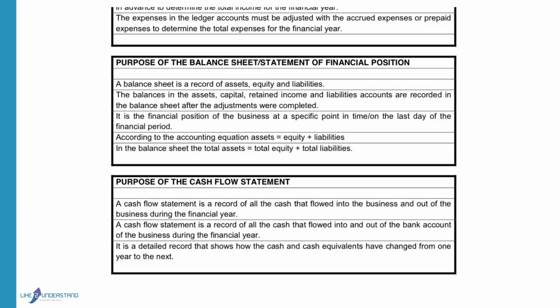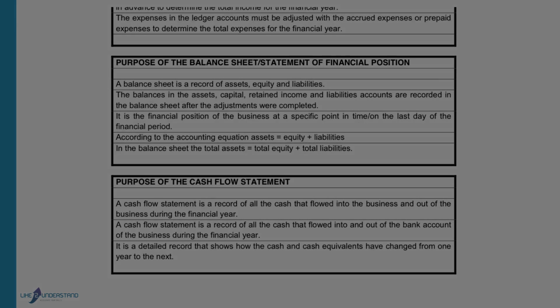This is a detailed record that shows how the cash and cash equivalents have changed from the previous year to the current year. So you will not show figures in the cash flow statement that don't cause a flow of money. All the entries in the cash flow statement will either show an inflow of money into the bank account or an outflow of money.